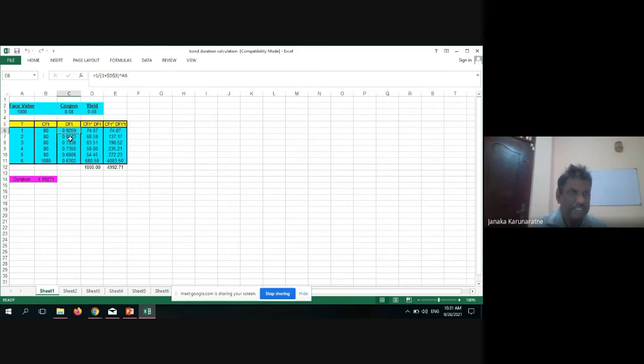The second year discount factor is 1 divided by 1.08 to the power 2, because A7 is power 2. Then 1 divided by 1.08 to the power 3, 1 divided by 1.08 to the power 4, 1 divided by 1.08 to the power 5, and 1 divided by 1.08 to the power 6, right?